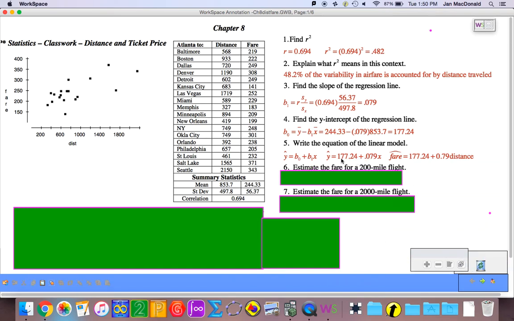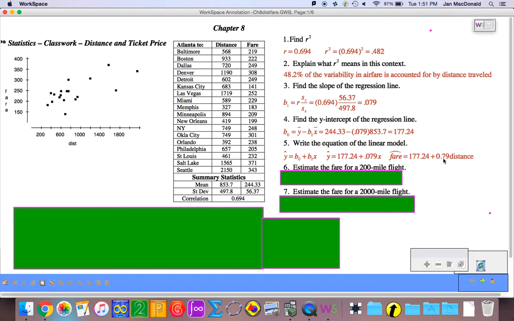So here is the linear equation for this model. Y hat, or the predicted value of y, is equal to 177.24 plus 0.079x. In statistics, generally we would write that equation using the units. This says the predicted fare is equal to 177.24 plus 0.079 times distance traveled.